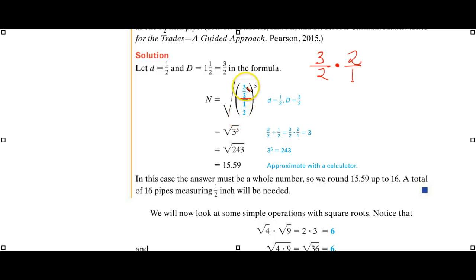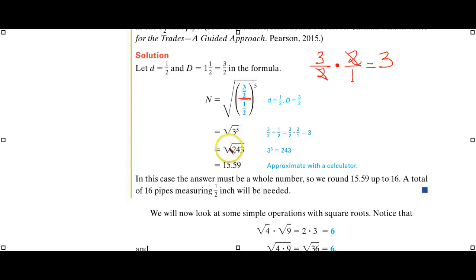And we said we did division by converting division to multiplication and taking the second item and flipping it. So it was 1/2, now becomes 2 over 1. And now the 2's cancel out. So this gives us a 3 that we're going to raise to the 5th power.